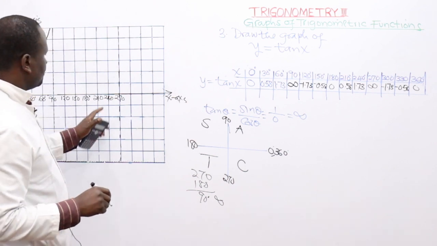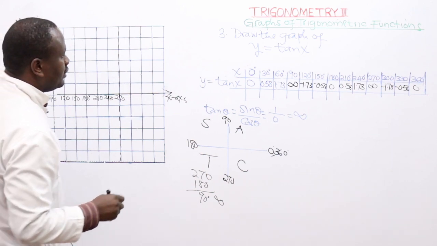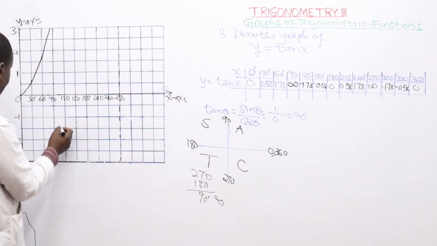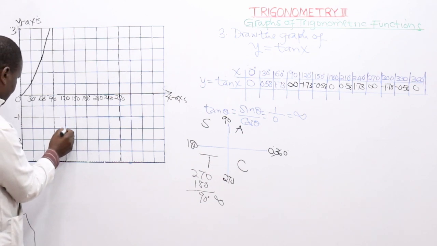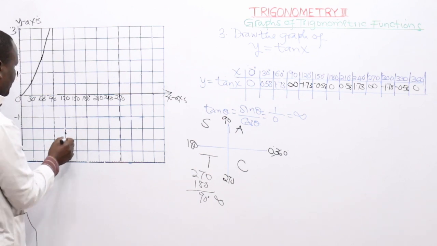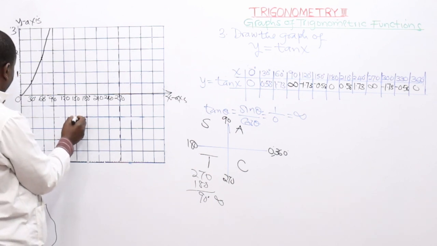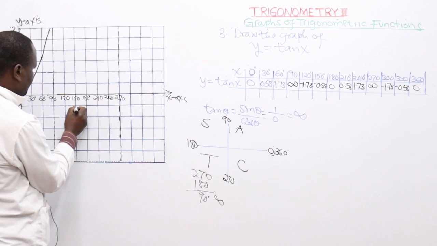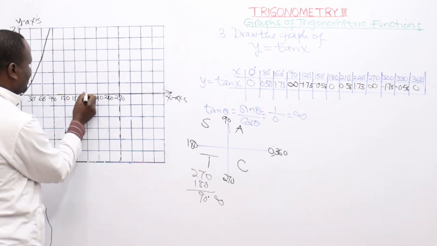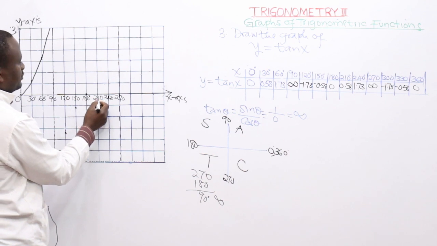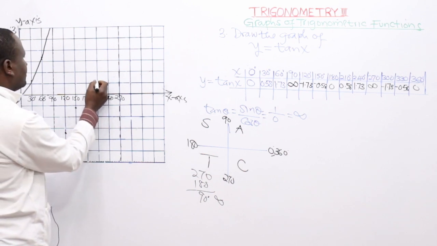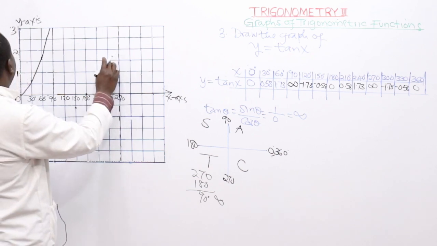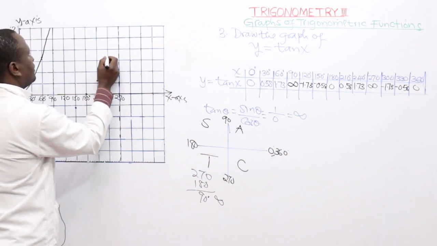From 120 to 270. We say 120 is negative 1.73. 150 is negative 0.58, 0.6 approximately. 180 is easy, it's 0. 210 is 0.58, approximately 0.6. 240 is 1.73.